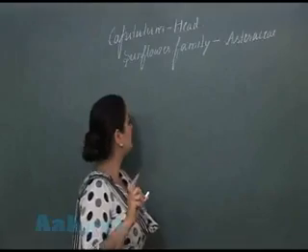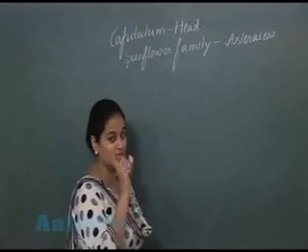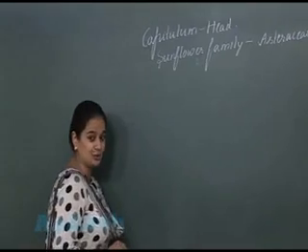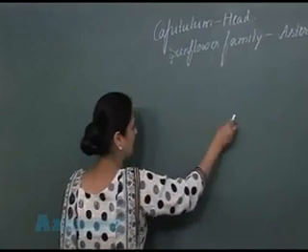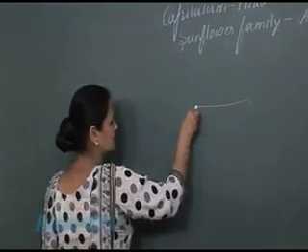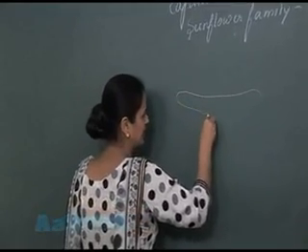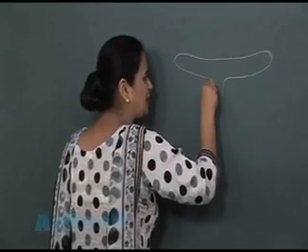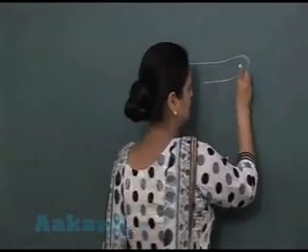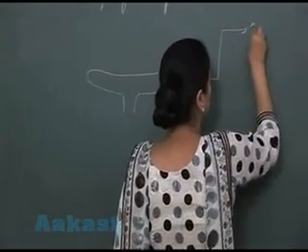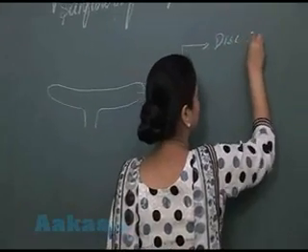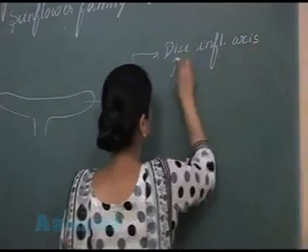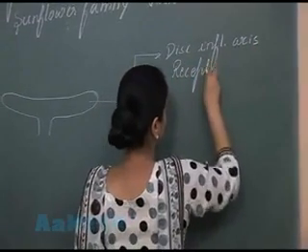So here I will be discussing capitulum inflorescence in the case of the sunflower. Now the one feature which is associated with this inflorescence is that the inflorescence axis is expanded, and it is in the form of a disc. So this I am forming as the disc-shaped inflorescence axis, and this axis is known as receptacle.